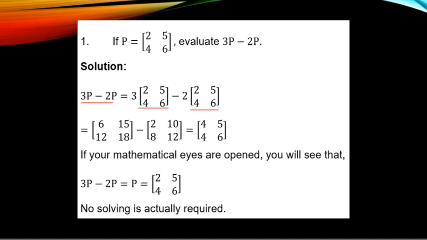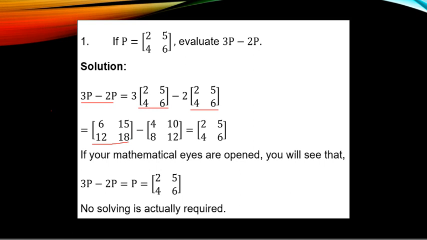You have 6, 15, 12, 18. For the second part, 2 times 2, 3, 5, 4, 6. You have 4, 10, 8, 12.